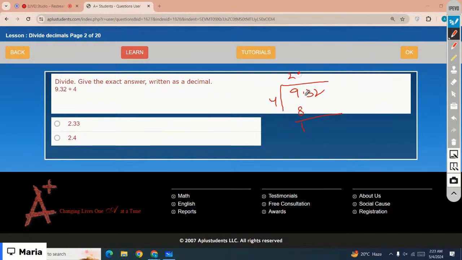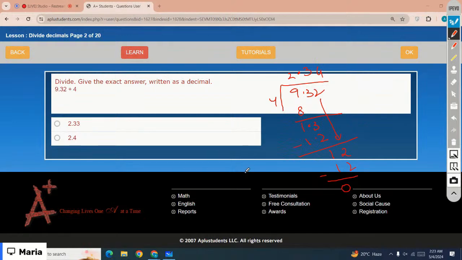So you have to keep the decimal point here and bring the next digit down. Now you need to count 4 until 13. So 4 times 3 is 12. 13 take away 12 is 1. Now bring the next digit down.